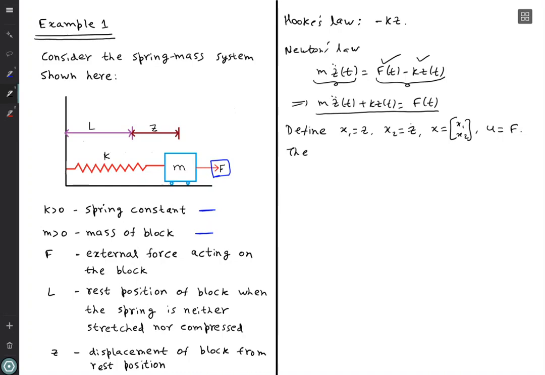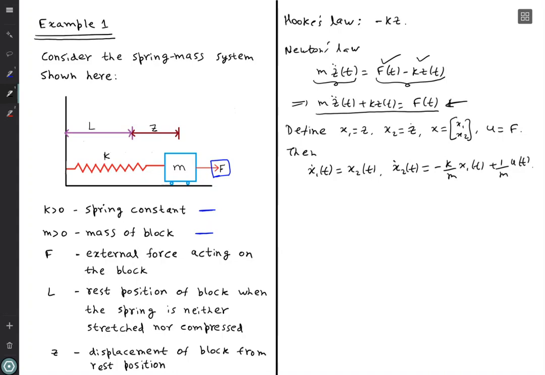Then x1 dot is nothing but z dot, which is x2, and x2 dot is z double dot, which using the linear differential equation, we get x2 dot is equal to minus k by m x1 of t plus 1 by m u of t.